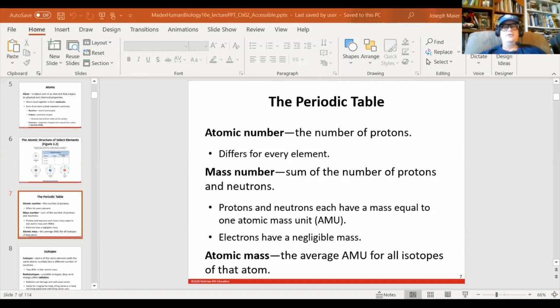Remember, an isotope is just a version of the atom that has a certain weight. The reason this isotope is different from that isotope, they're the same element, they got the same number of protons, but these two atoms have different numbers of neutrons. Good? All right. Let's go back to the PowerPoint for your book.